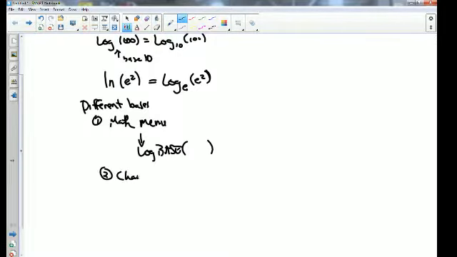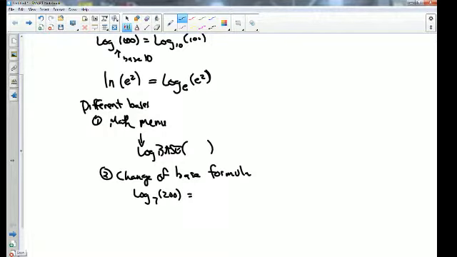Change of base formula. So if I give you, without a calculator, log base 7 of 200, this would have to be calculator friendly. How do I write that without a log base 7?